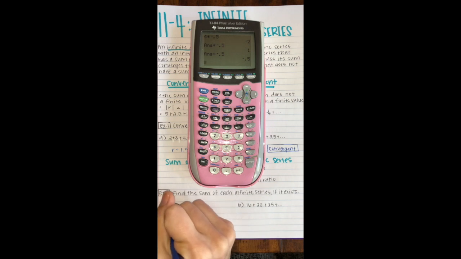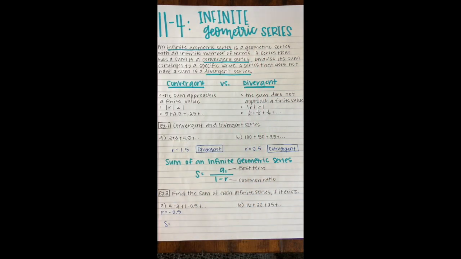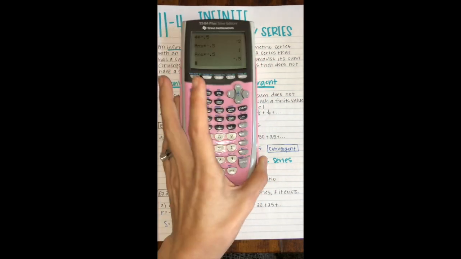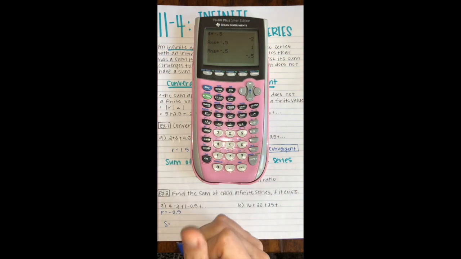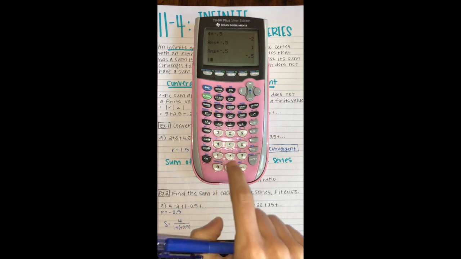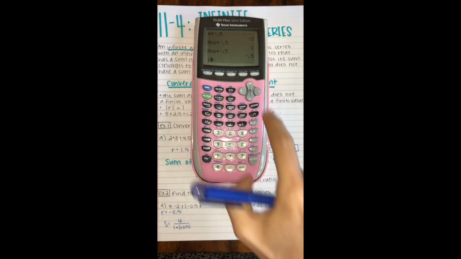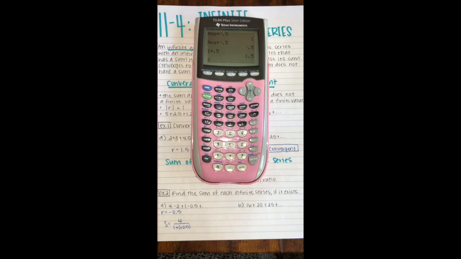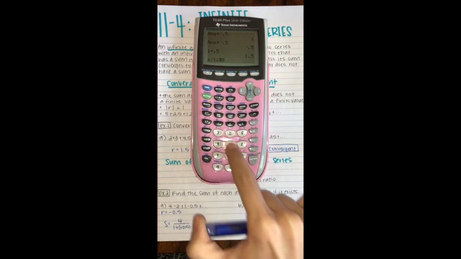Our sum formula is a1 over 1 minus r. You take a1, which is 4, on the top, over 1 minus -0.5. That would be plus positive, so 1 plus 0.5 is just 1.5. And then we take 4 divided by 1.5.